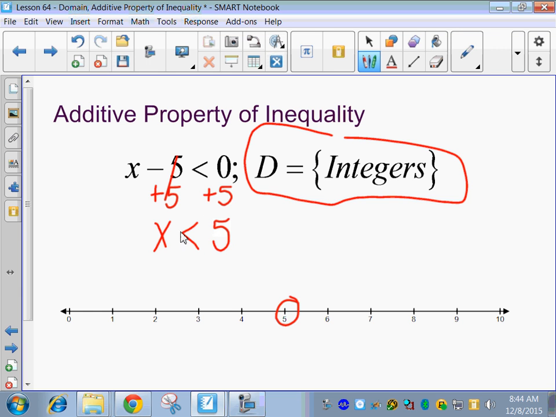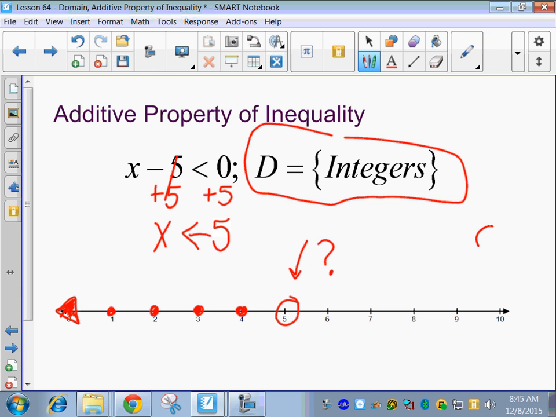Good. So this says less than. It is pointing to the left, and it's only dots. 4, 3, 2, 1, and an arrowhead because it goes forever. Do I need this open circle right here? No, we actually don't, because we don't have anything shaded up into that point.